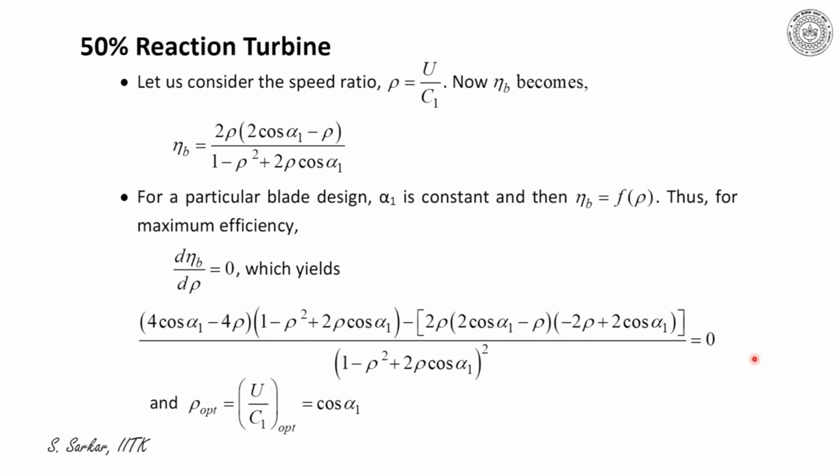Please check the expression, and this will lead to rho optimum, that is equal to U by C1 optimum, would be equal to cos alpha 1. So the optimum blade speed ratio for a 50% reaction turbine would be equal to cos alpha 1.